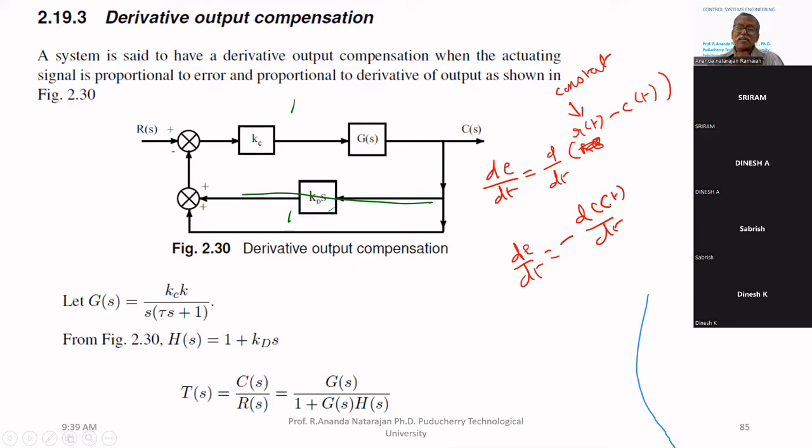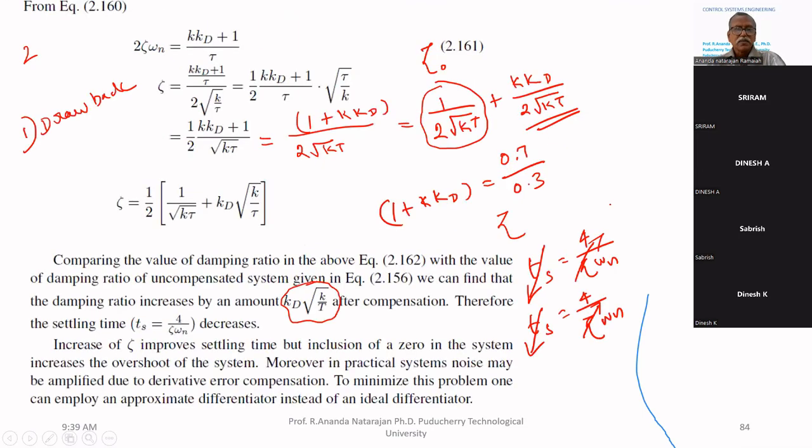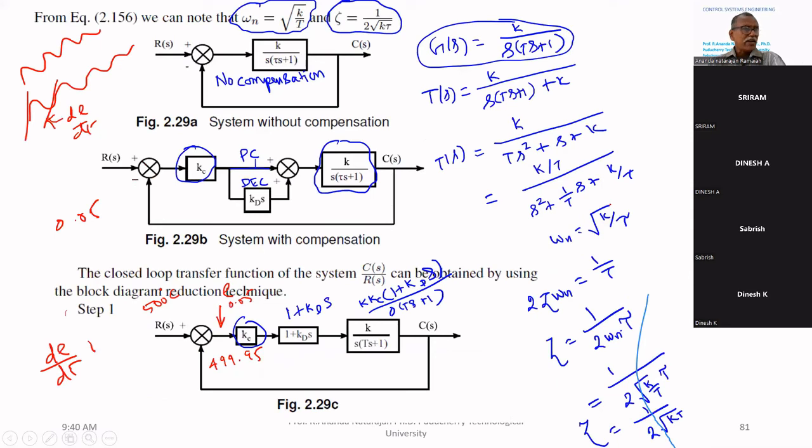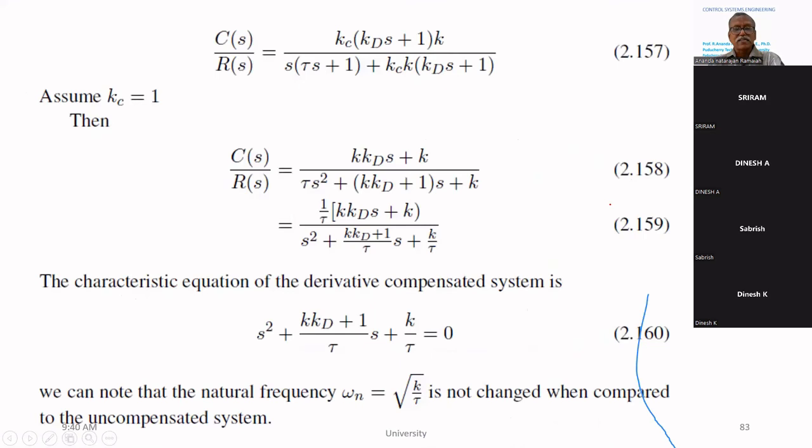Instead of differentiating the error signal, because its amplitude is very small, we have already seen the final value of temperature is 499.95. Therefore, the error amplitude is 0.05. Noise amplitude is also 0.05, so it cannot distinguish between the two. It amplifies both noise as well as error, because d by dt is the slope of that error signal. If noise is varying like this, see the slope, it is very heavy.